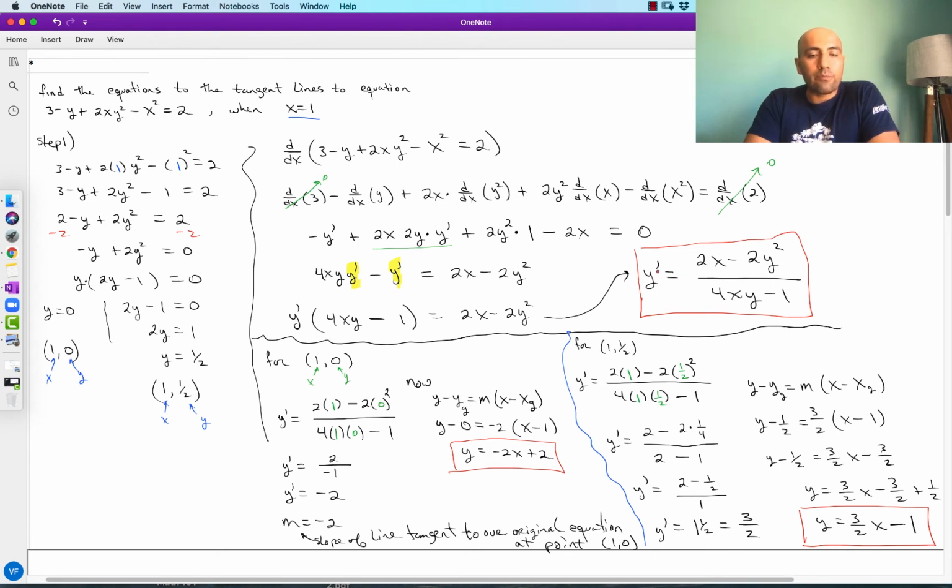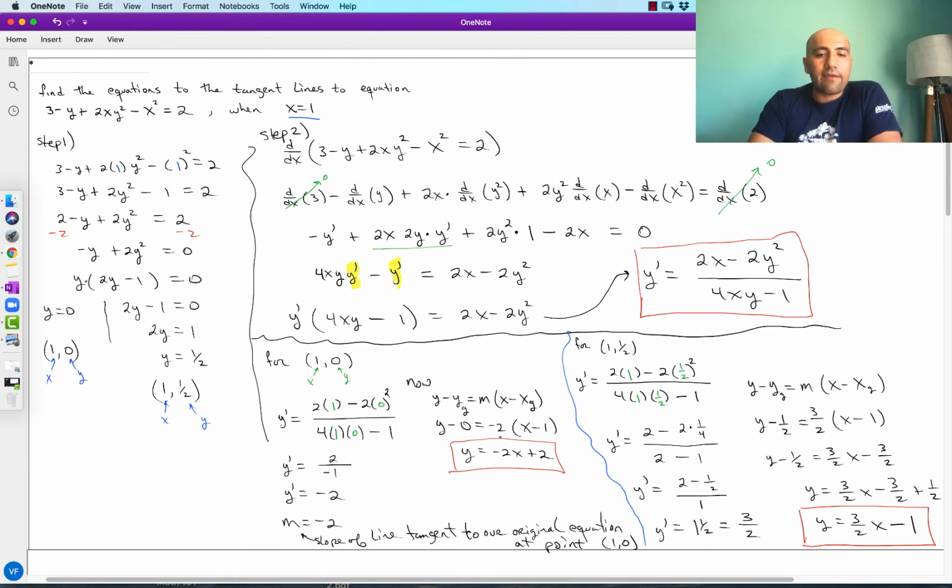Notice that when we do implicit differentiation, we end up with an equation that requires both x and y in order to figure out that derivative, right? So we needed to do step 1 over here. Okay, I guess this is step 2 over here. Step 2 was to find that derivative. And then finally we got to step 3 over here.